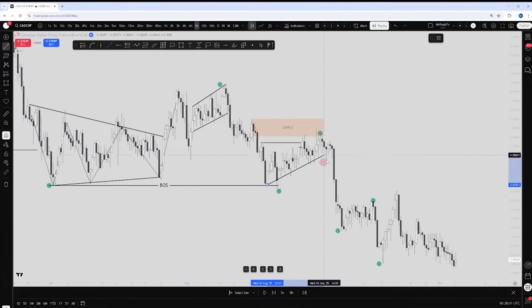You can see the dynamic support right here. Okay. And we can also see the dynamic resistance. So for those trading channel alone, they would have gotten an entry around here.